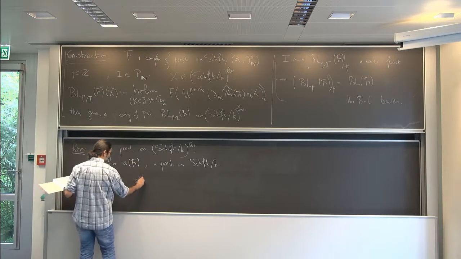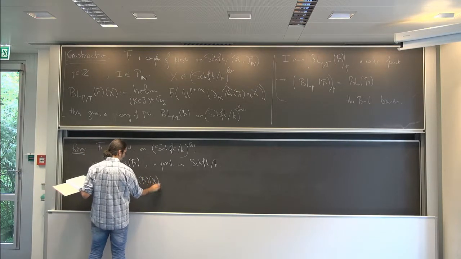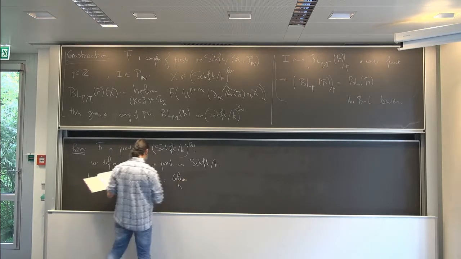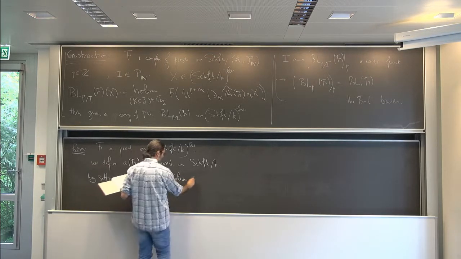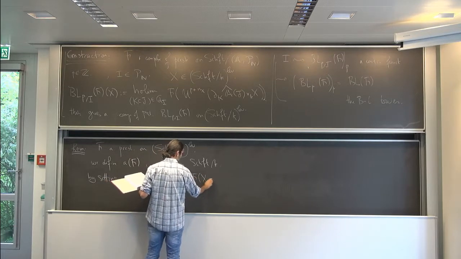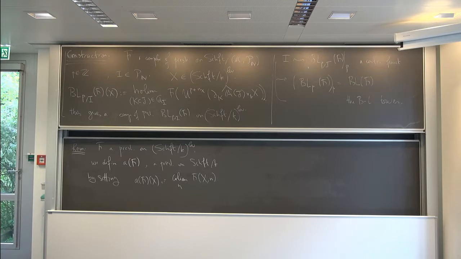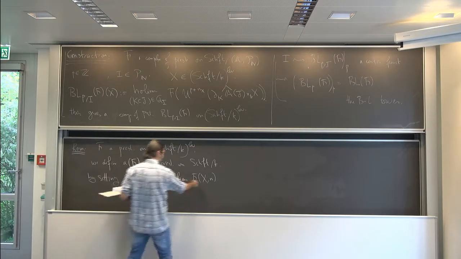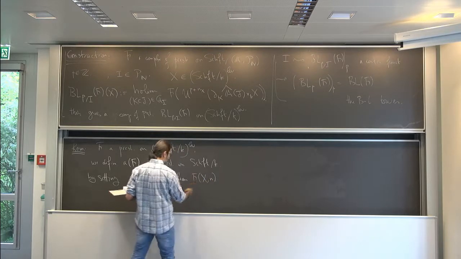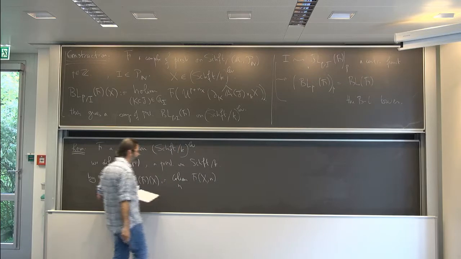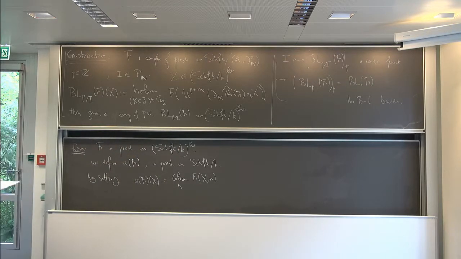The value of AF at X is the colimit over all integers n of F(X, n). I take the function n constant on X, then this makes sense. If you increase n, there are obvious maps from (X, n+1) to (X, n), and you take the colimit of this.